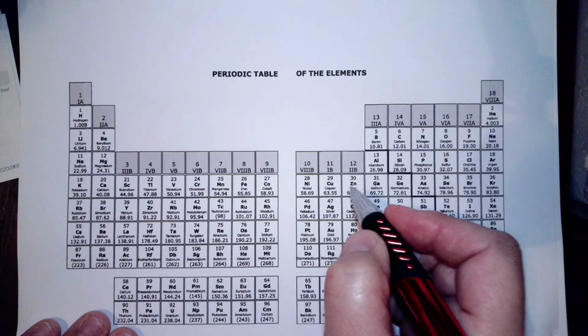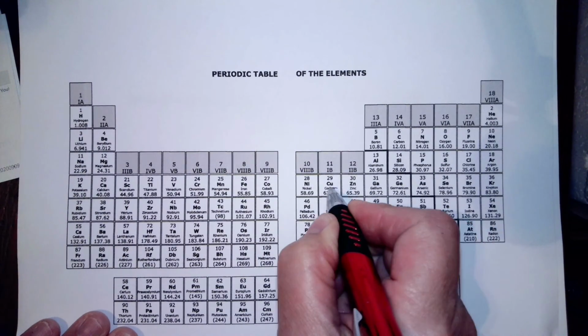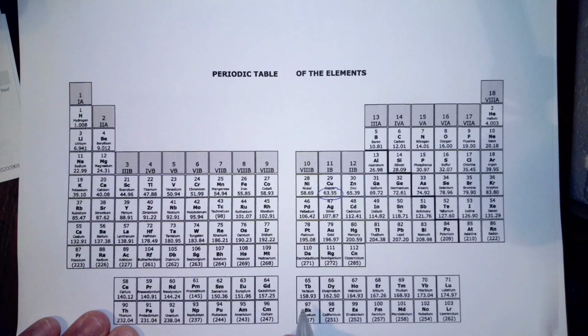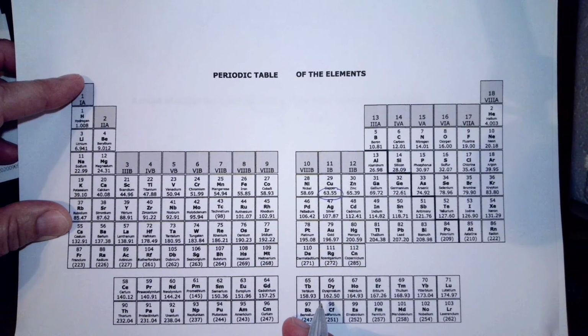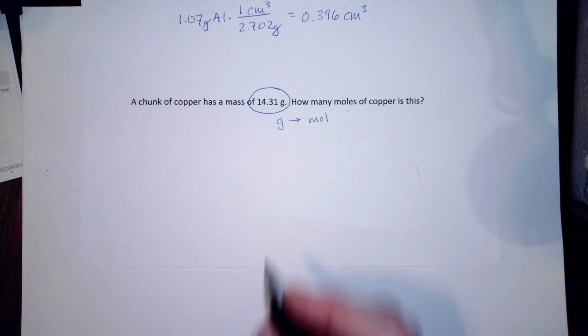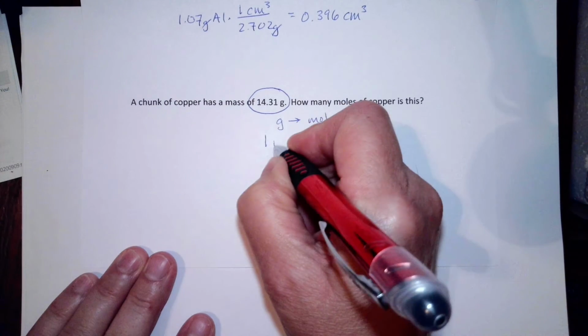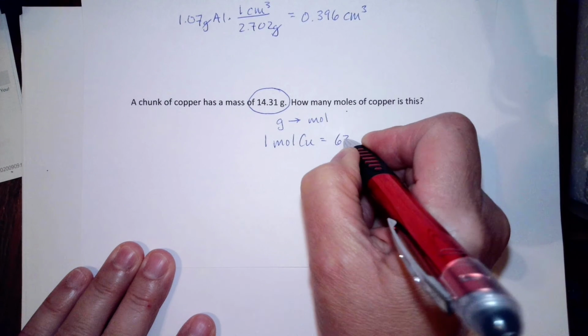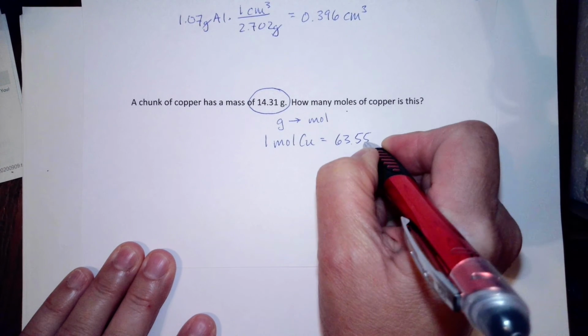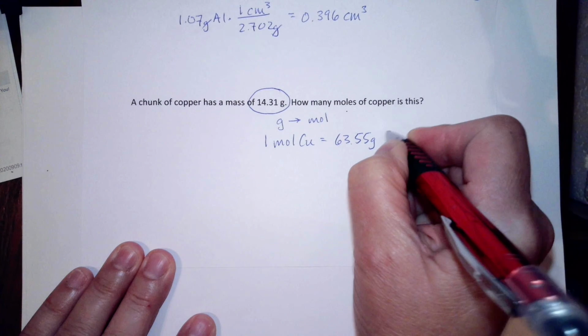So copper is over here. I'm sorry, this is a little small. It says 63.55. That means 1 mole of copper is equal to 63.55 grams of copper. And we write that down. 1 mole Cu equals 63.55 grams of copper.